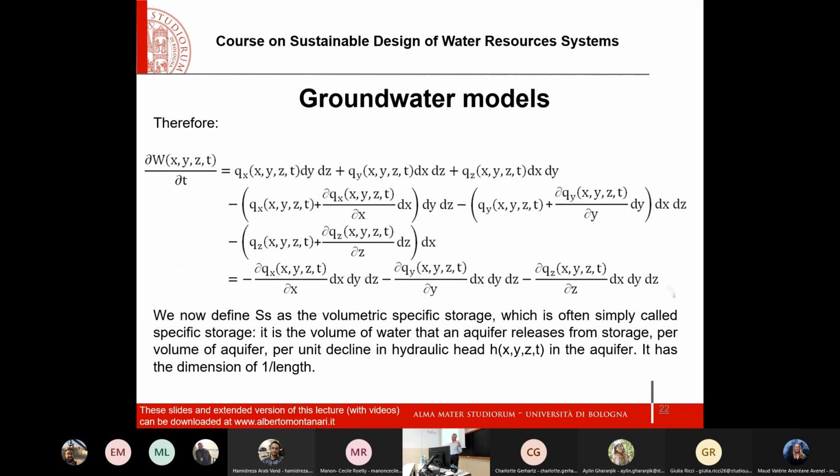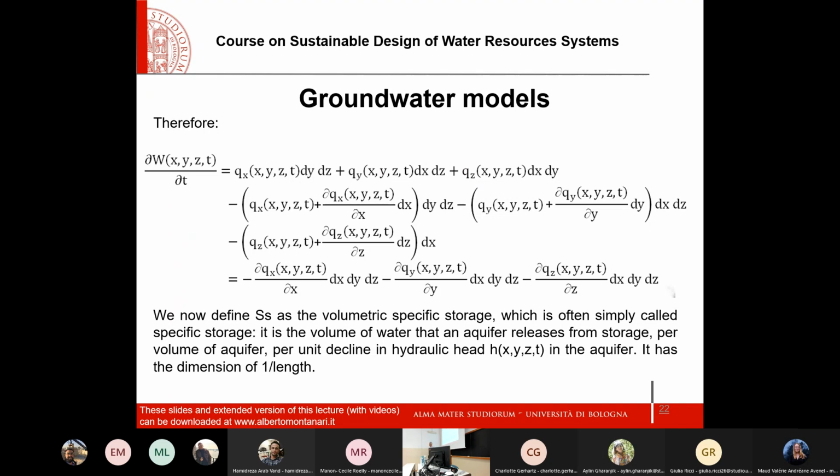It has the dimension of a length, and therefore the volumetric specific storage has the dimension of 1 over length, because it's a volume of water released by unit volume of aquifer. So this ratio is adimensional, divided by the hydraulic head, which is a length. So the volumetric specific storage has a dimension of 1 over length.